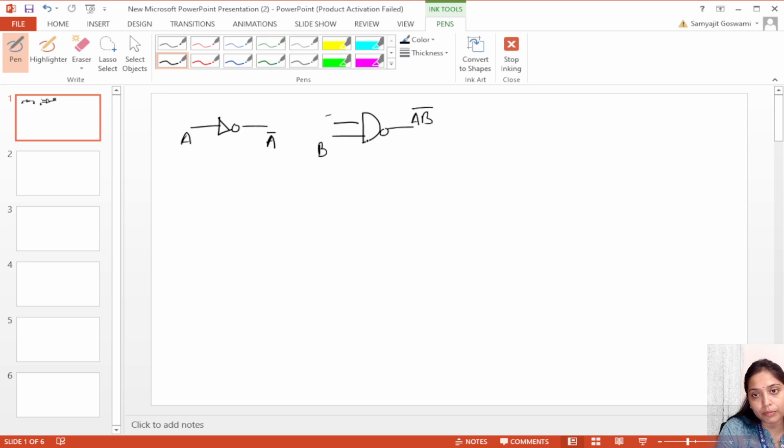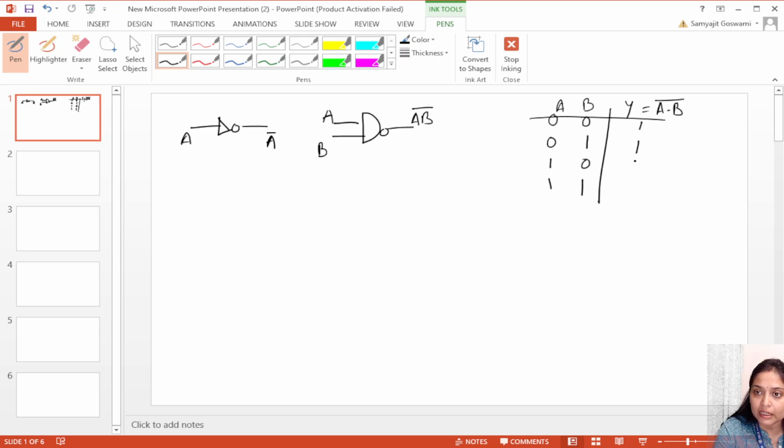Okay, so if I design a truth table, 0 0, 0 1, 1 0, 1 1, with A, B, and Y equal to (A dot B) bar: in any combination except 1 1, the output will be 1. Only when both the inputs, that means A and B, are 1, then only the output will be 0. Only in this condition the output will be 0.